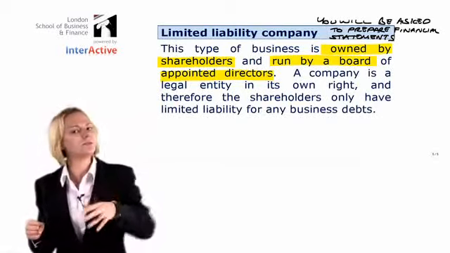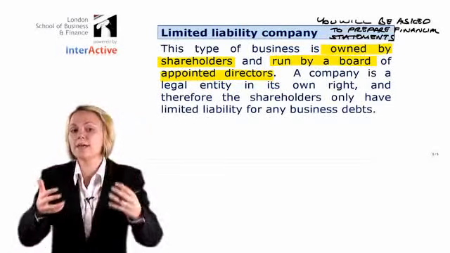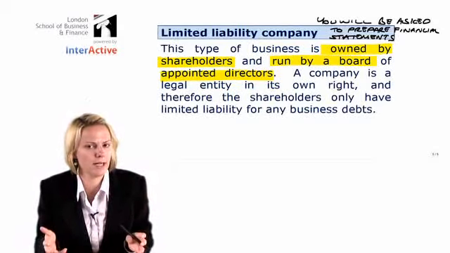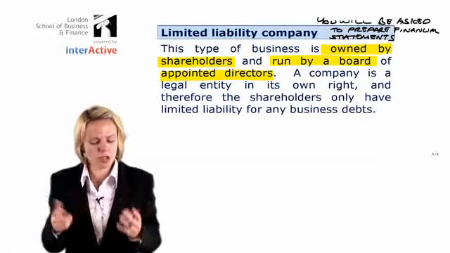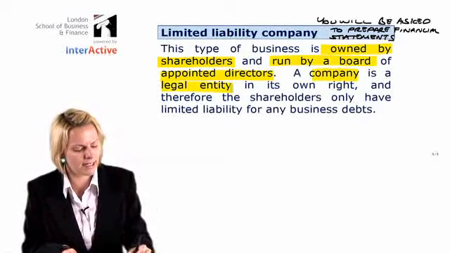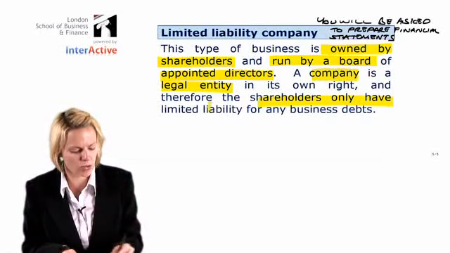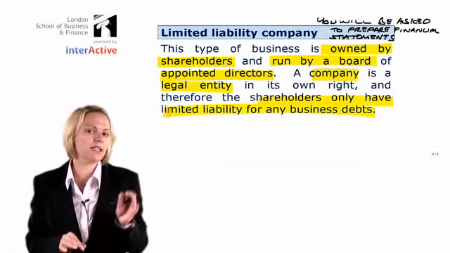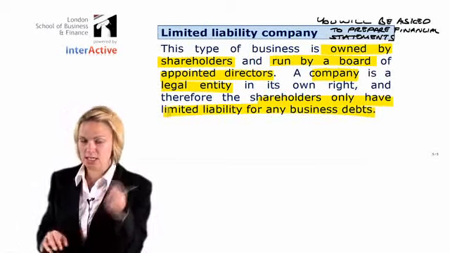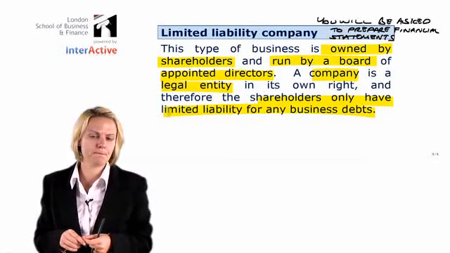And therefore, if the company does get sued, it's the company name that gets sued, not the directors or the owners of the company. Okay? So we've got to be very careful. The company itself is a legal entity in its own right, and therefore shareholders only have limited liability for business debts, limited to the amount of money that they invest in the business.